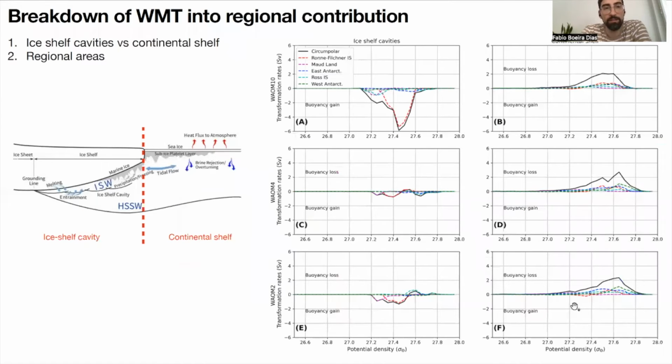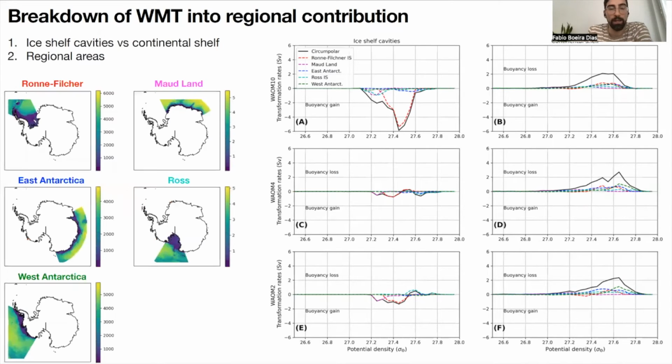And to understand this difference, you break down the Antarctic water mass transformation into regional areas. So basically, you divide the continental shelf into the ice shelf cavity portion and the rest of the continental shelf. So it's the left and right columns in this figure here. And you also divide it into different sectors of the Antarctic domain.